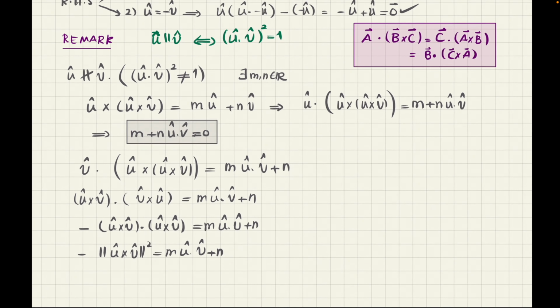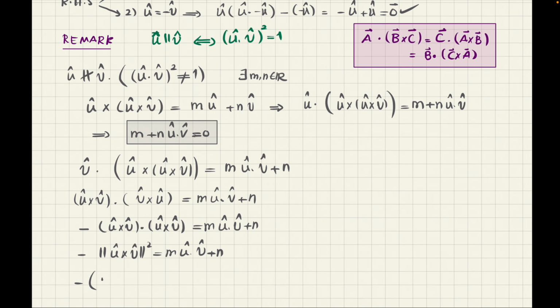I can write minus norm of u, norm of v, sine of the angle between them, let me call that angle theta, to the power of 2, equals m u dot v plus n. But the norm of this vector is 1, it's a unit vector, the same here, so I will get minus sine squared theta equals m u dot v plus n.